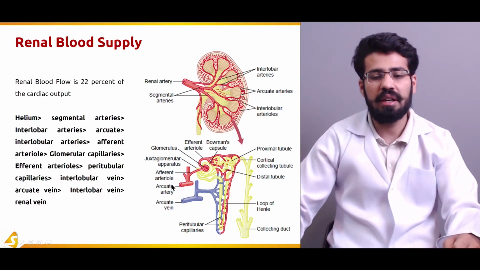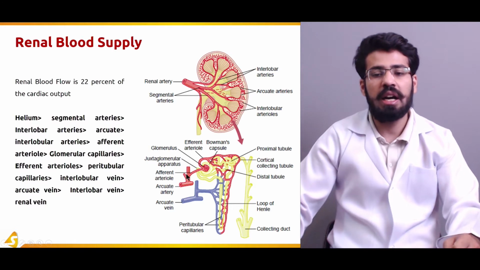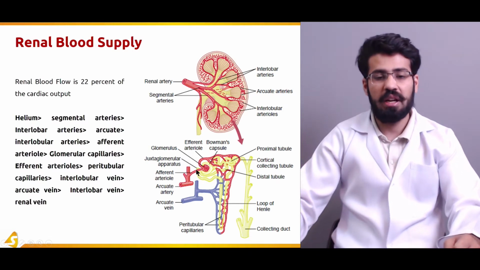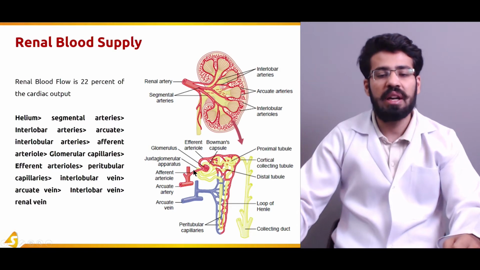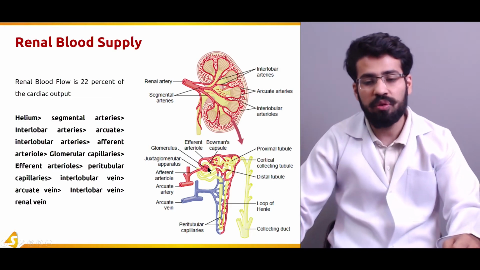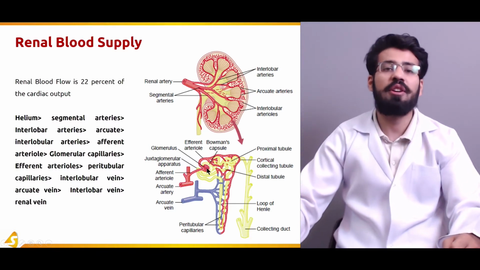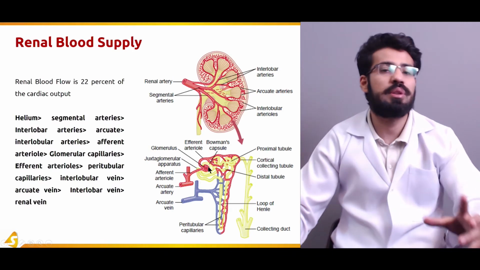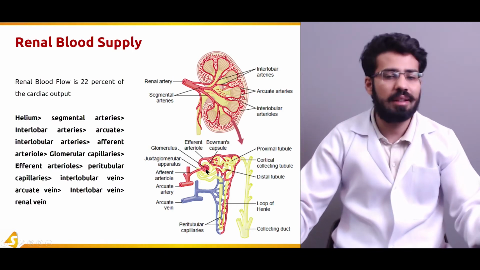As can be seen here, after the arcuate artery, these over here are the interlobular arteries. Now, the interlobular arteries are bifurcated into the afferent arteriole. These afferent arterioles further subdivide when they move into the Bowman capsule in the glomerulus, forming the glomerular capillaries. And this is the point where glomerular filtration is going to take place. We are going to discuss that in detail.